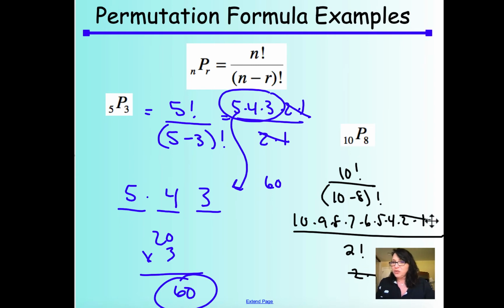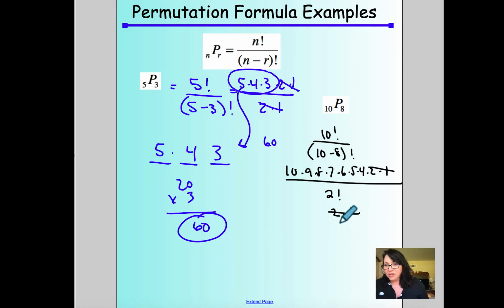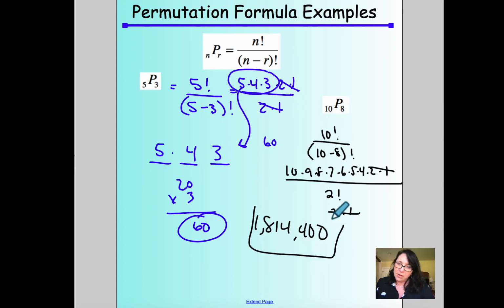So the only things that are going to cancel are the 2 times 1 and then the 2 times 1 again. So that number, I don't remember what that number is. It's pretty large, actually. I'm going to say maybe 1,814,400. I believe that's the answer for that.